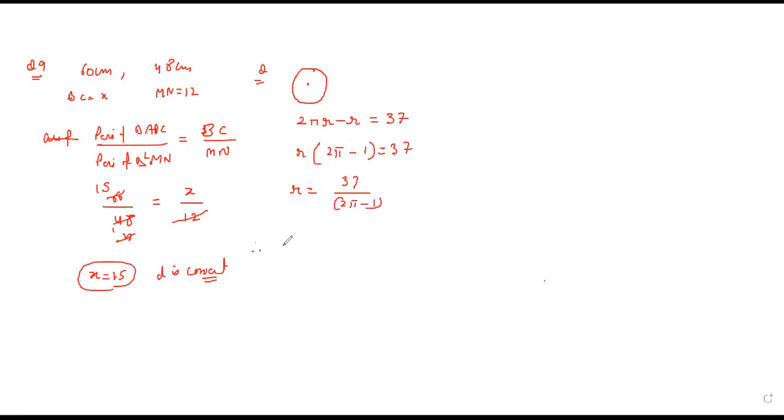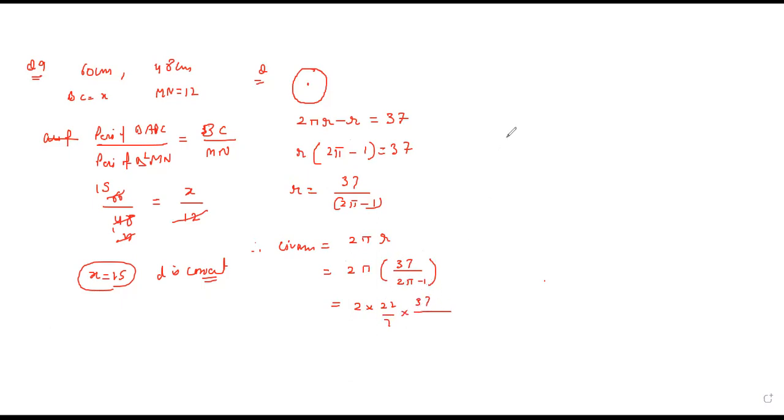So therefore circumference is 2 pi r. So this is 2 pi, the radius is 37 upon 2 pi minus 1. Take pi as 22 over 7, as given to you.